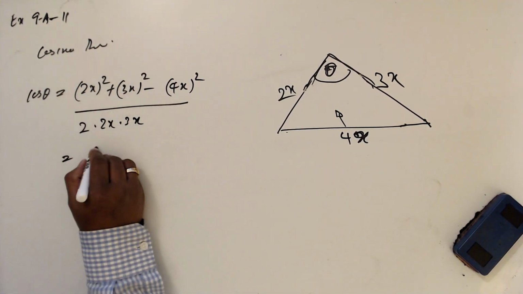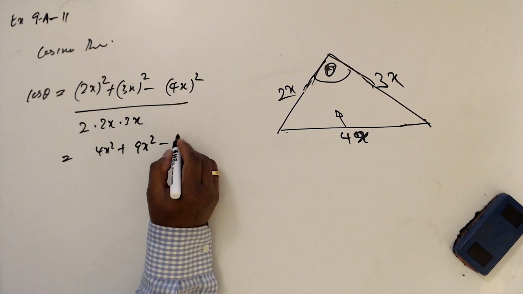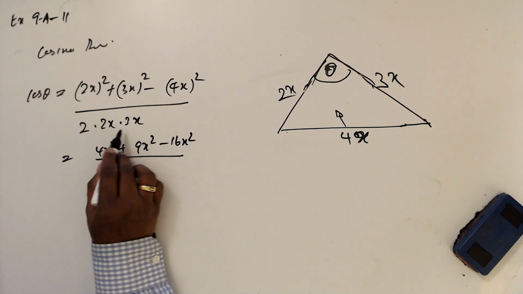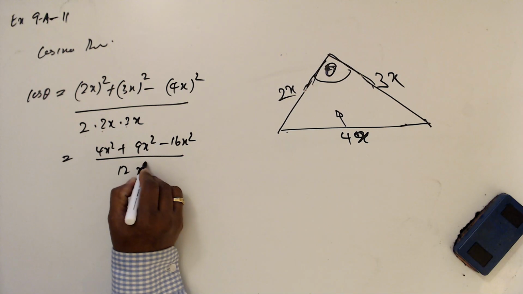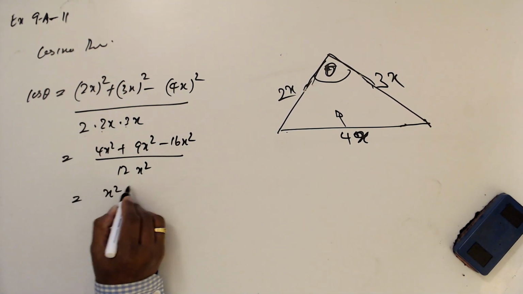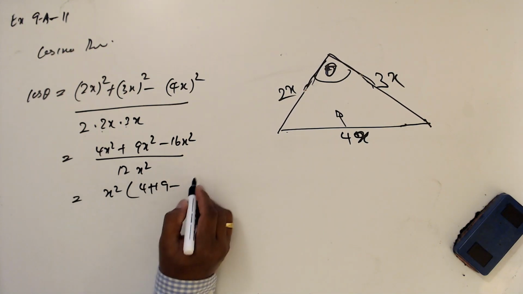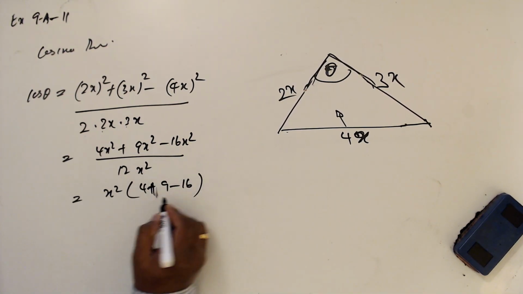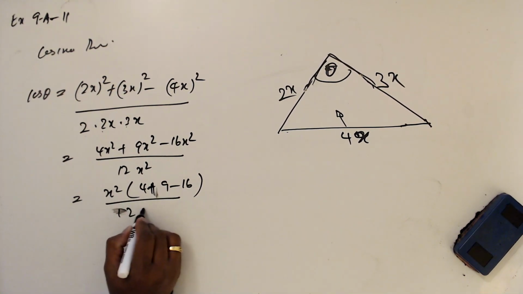So this is going to be 4x square plus 9x square minus 16x square over 2 times 2 times 3, which is 12x square. Factorizing x square from the top, 4 plus 9 minus 16 over 12x square.